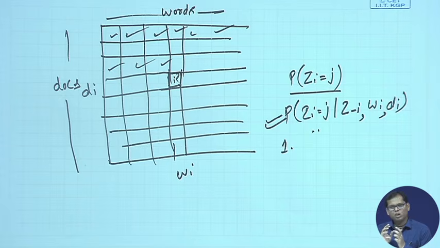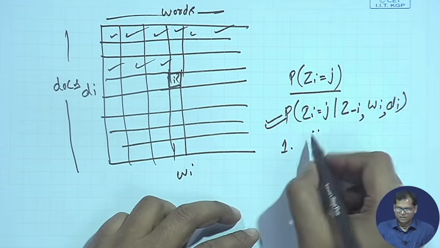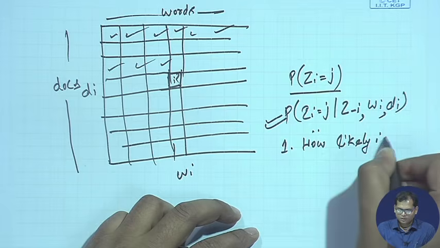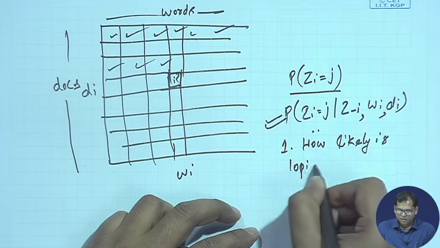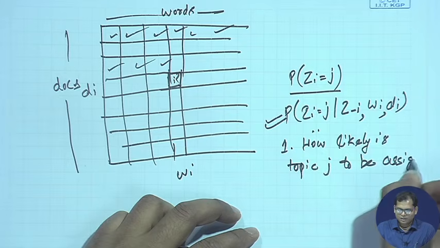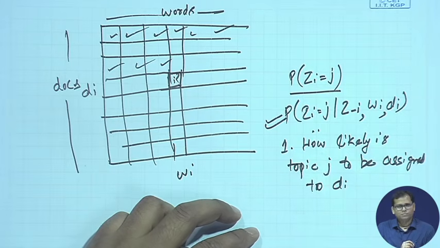One is, we say that a document consists of certain topics. So if this topic is prevalent in the document, there might be a high chance that this word is assigned this topic j. So that is how likely is topic j to be assigned to d_i.